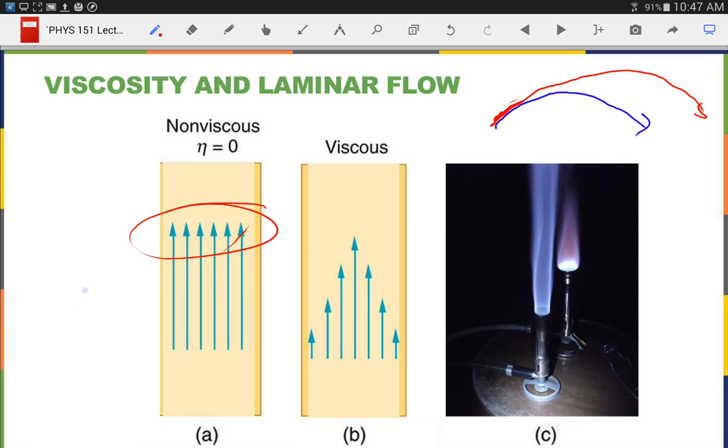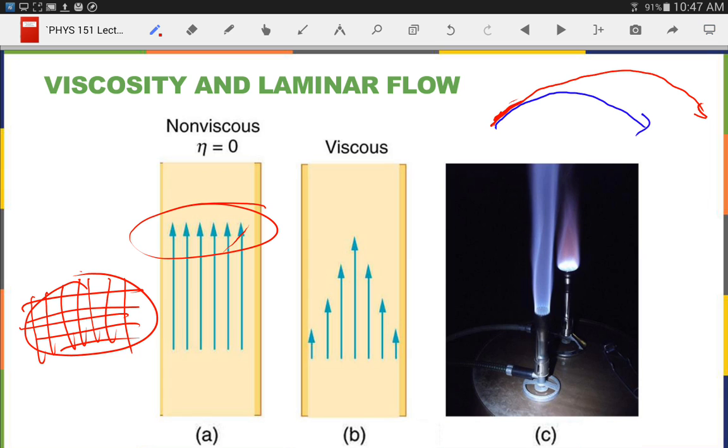In a fire hose, they just put a grid like that. It's about 1 centimeter long. That is, if you were looking at the sideways view of this, it's about 1 centimeter long, and it's a grid. And then it forces the water to go through each of those grids separately.